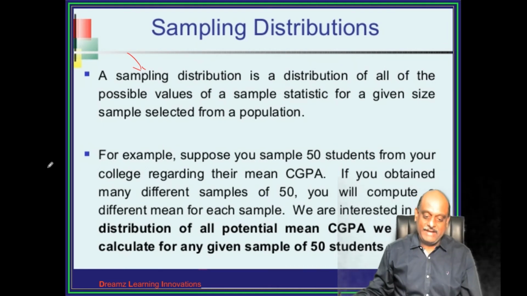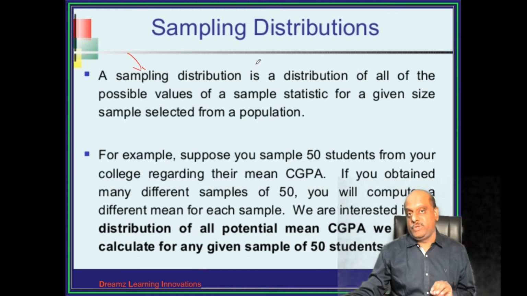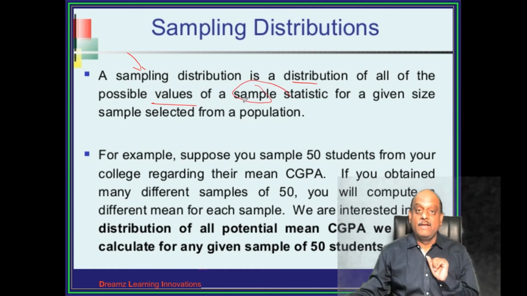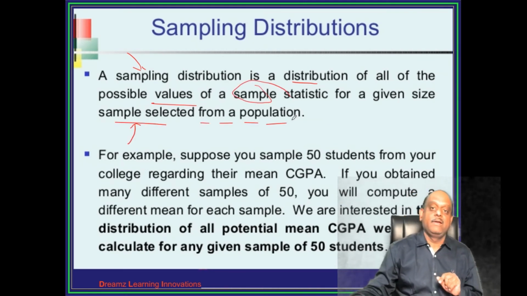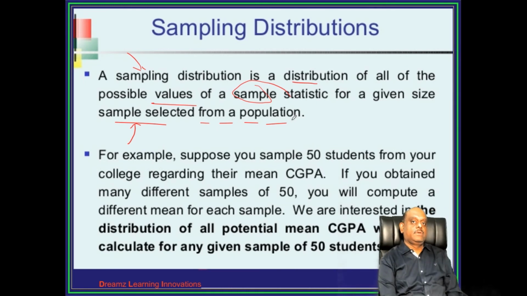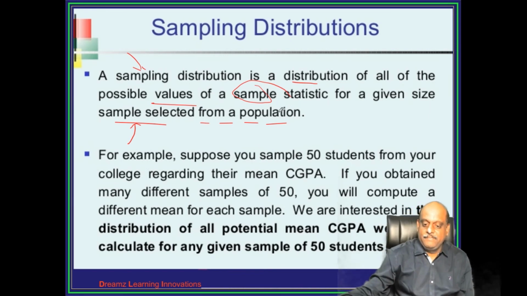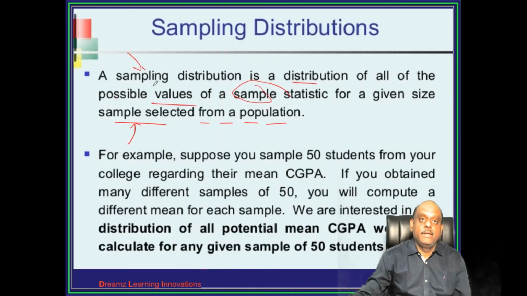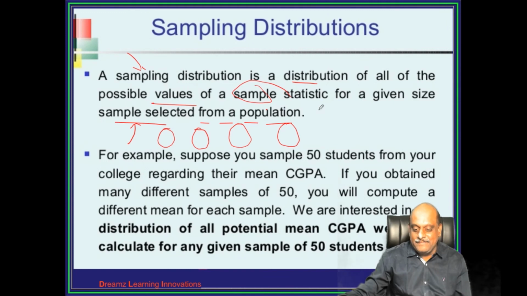That's the point. A sampling distribution is a distribution of all the possible values of a sample statistic for a given size sample selected from a population. Try to understand. Doctor, for example, 50 students in Agra, 50 students in Bhopal, 50 students in Delhi, 50 students in Hyderabad.